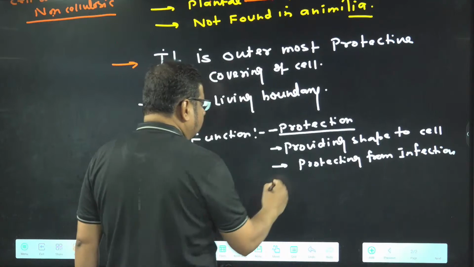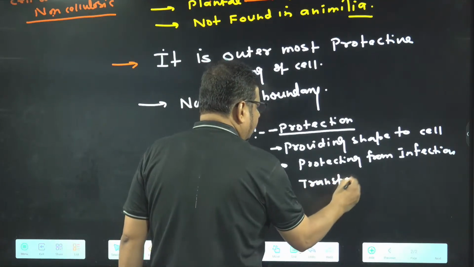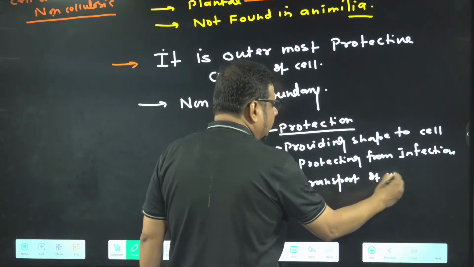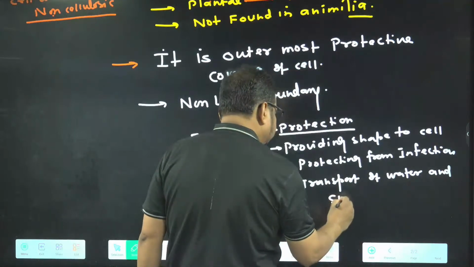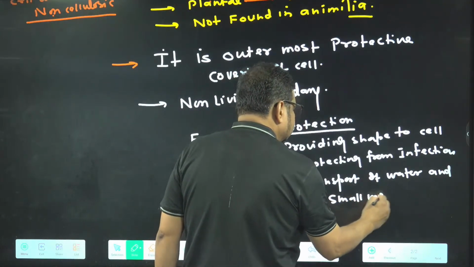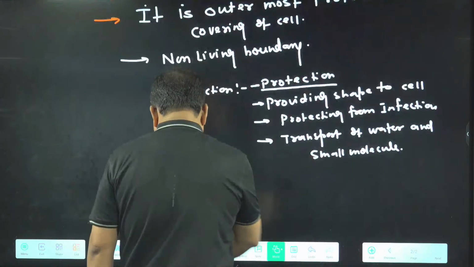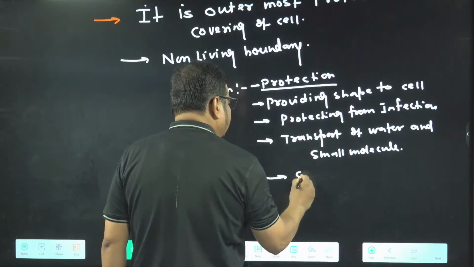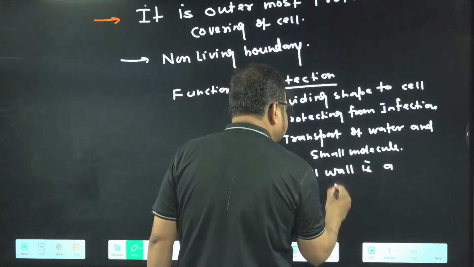Getting the things or not? And transport of water and small molecules. You just keep in your mind, if someone asks a question, cell wall is a permeable structure.